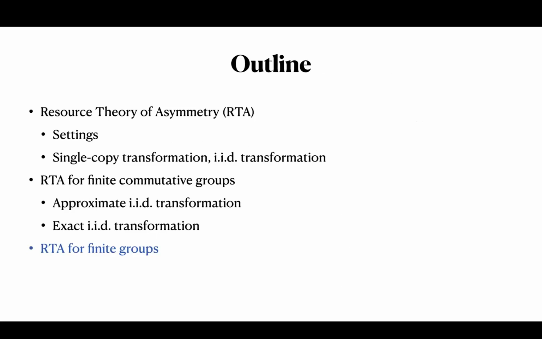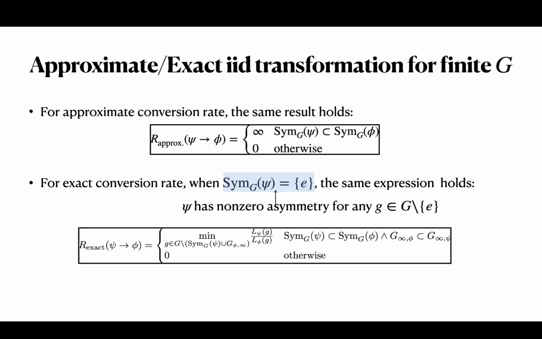Finally, we briefly show the result for a general finite group, which is non-commutative. For the approximate conversion rate, we can show this: we have the same result as in the commutative case. And also, we can show that when the symmetry of psi contains only the identity, then the same expression as the commutative case holds.